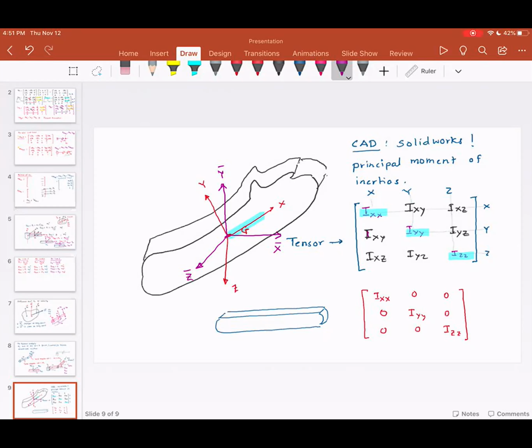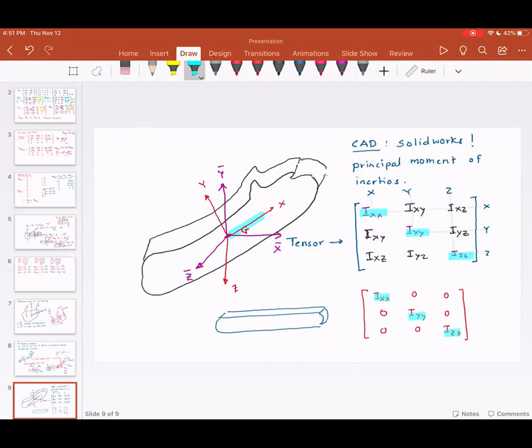And when we look at moment of inertias, we are always looking at principal moment of inertias, which means you should be looking at the inertia matrix where the off-diagonal terms are zero and you just have the diagonal terms.